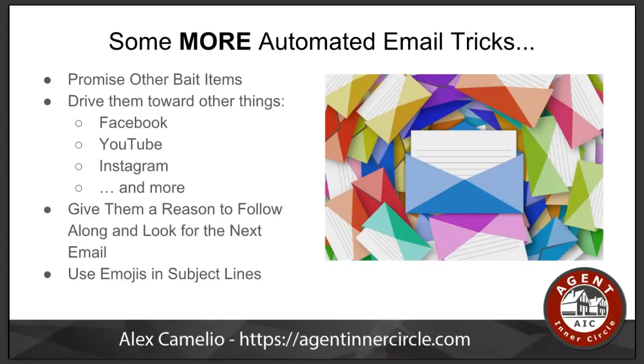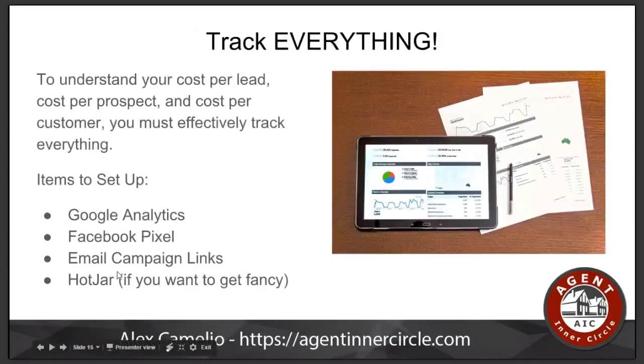So we've covered some of these email and automated email tricks where we're learning how to convert, capture, and get people to interact with what we're doing. Now, once we've done that, one thing that we need to understand and do throughout all of this is tracking.